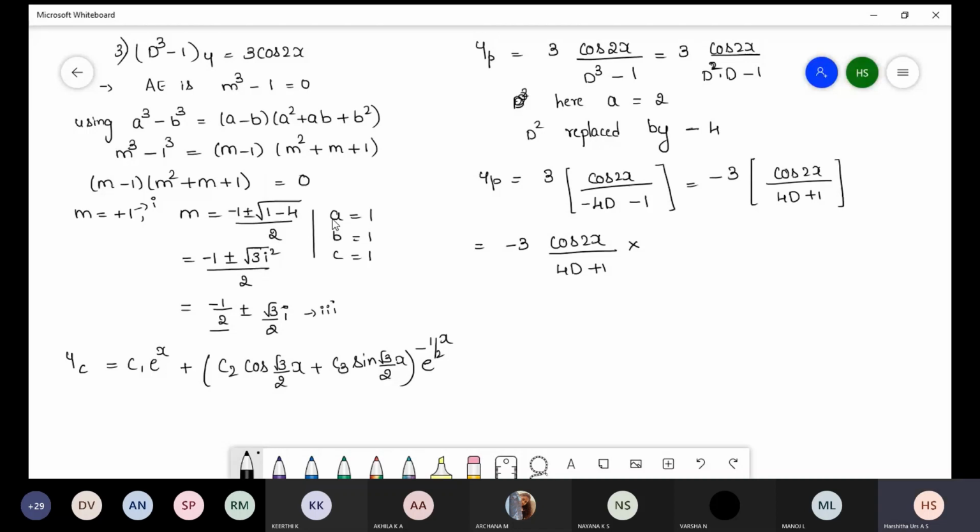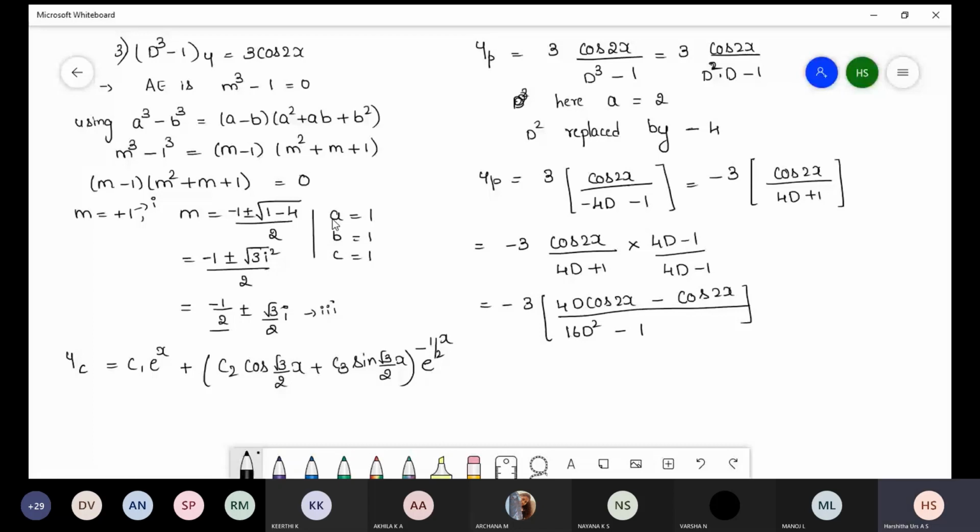What will be our rationalization for 4d plus 1? Yes, 4d minus 1 divided by 4d minus 1. Now, minus 3 into 4 into differentiation of the cos 2x, again minus cos 2x. In the denominator, it is in the form a plus b into a minus b. So 16d square minus 1.